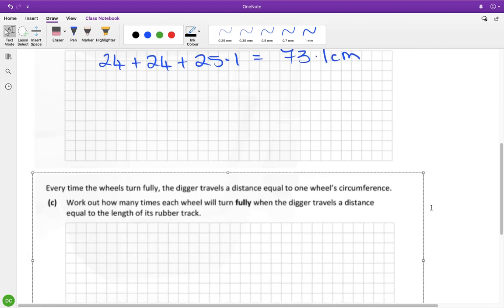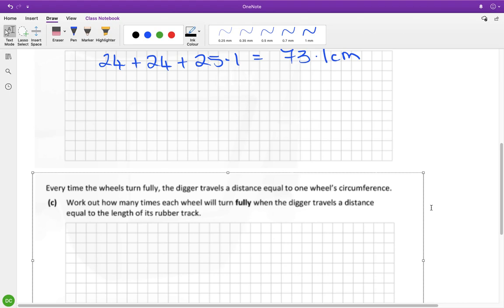So every time the wheels turn fully, the digger travels a distance equal to one wheel's circumference. Work out how many times each wheel will turn fully when the digger travels a distance equal to the length of its rubber track.